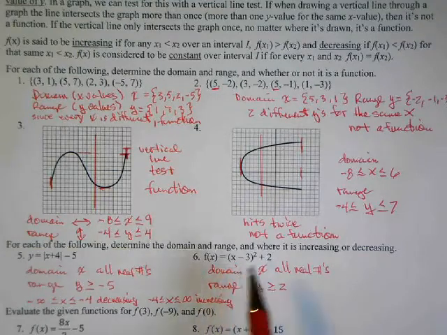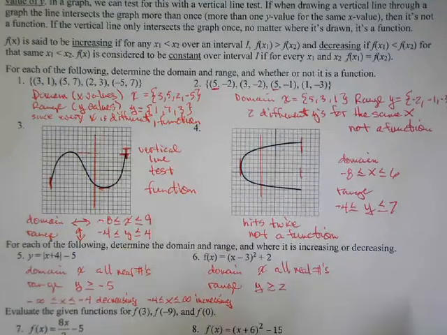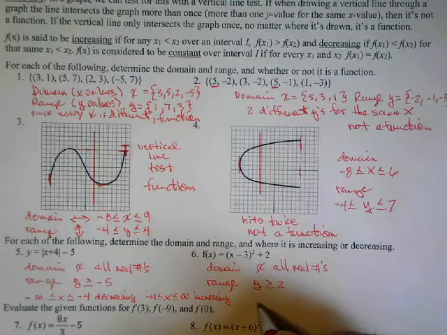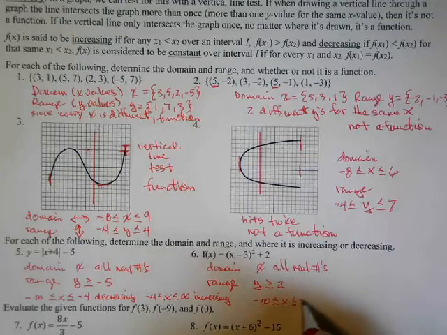So as long as we're going from -infinity up to the 3, we will be decreasing in our values.